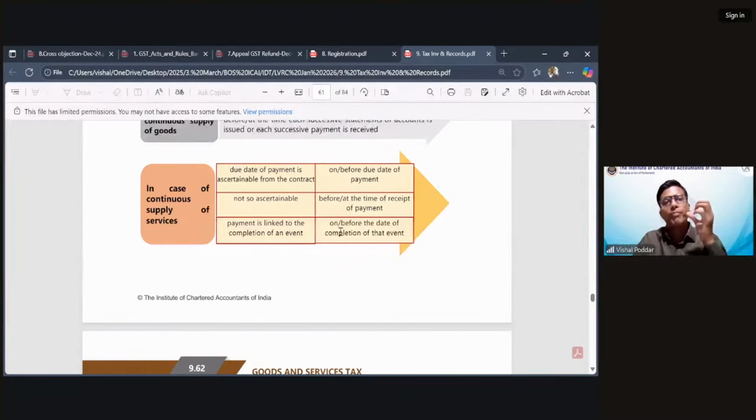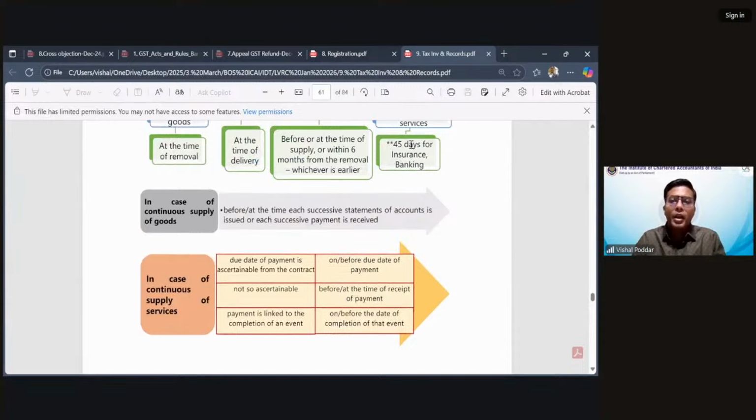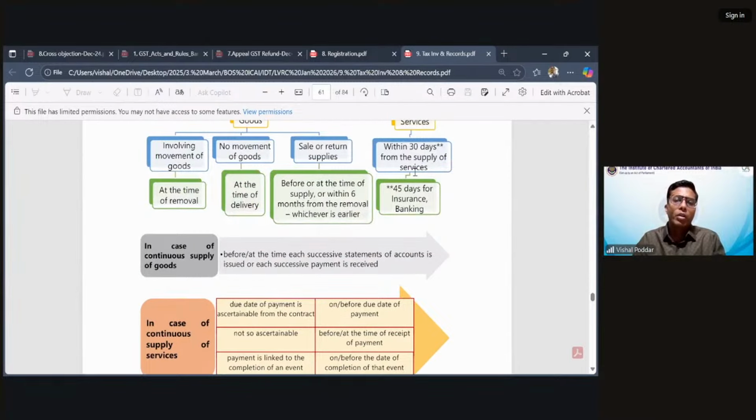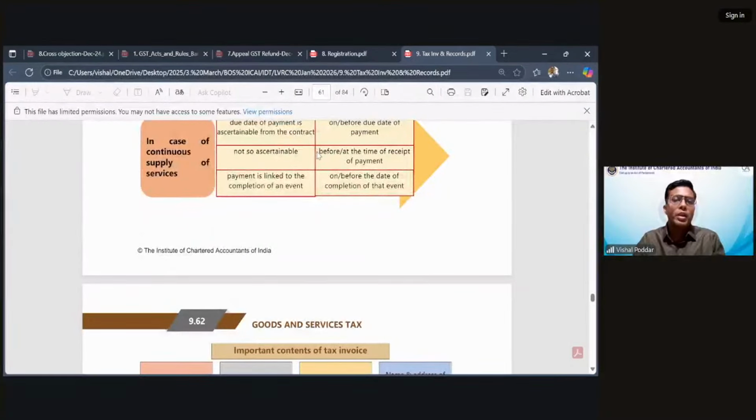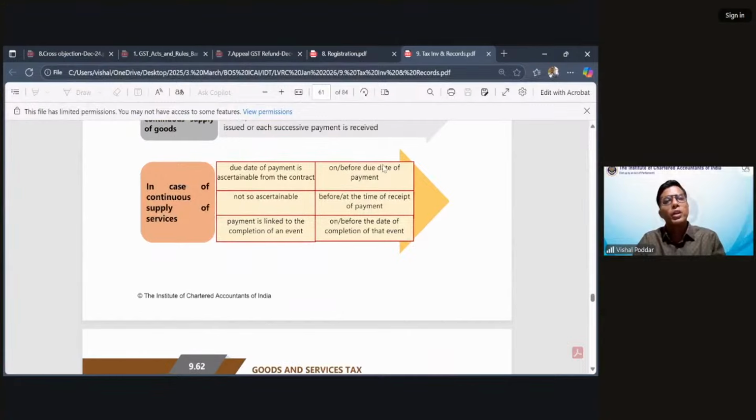So if you observe, in case of continuous supply of service, everything is linked to the payment. That is, the issuance of invoice is linked to payment. What is important over here is, unlike the regular supply of services, where a 30 days or 45 days window was given, there is no such window given in case of continuous supply of service. So this has to be noted.